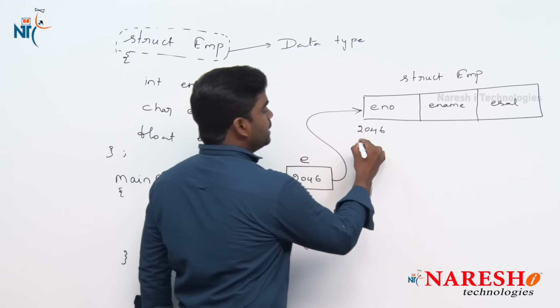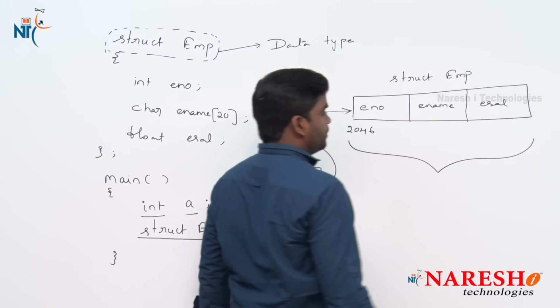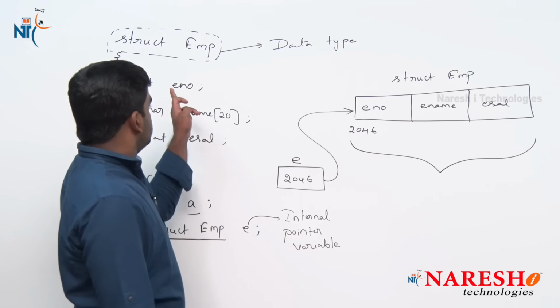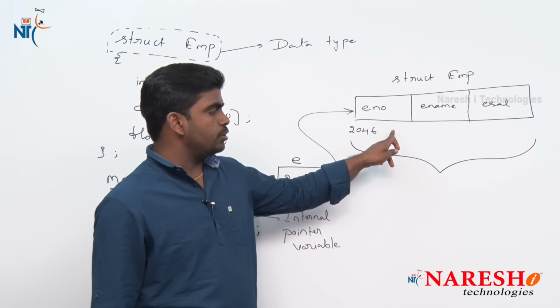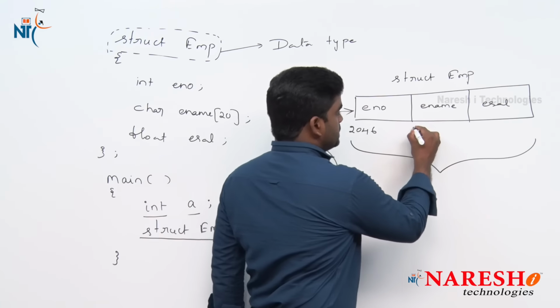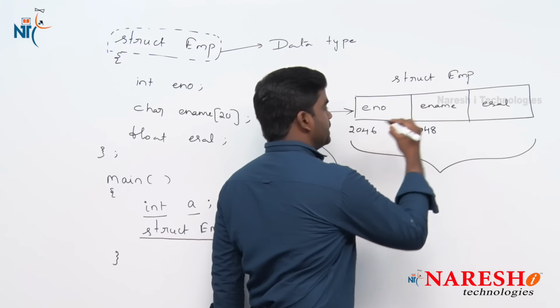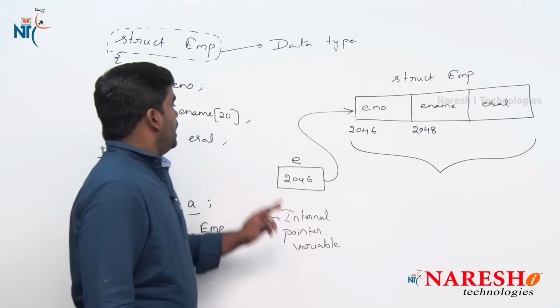Sir, in total how many bytes of memory will be allocated? Consider that an integer occupies 2 bytes: 2046 and 2047. The next location address is 2048.